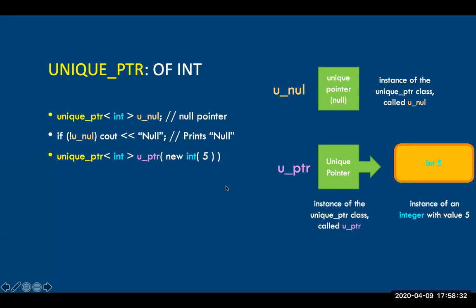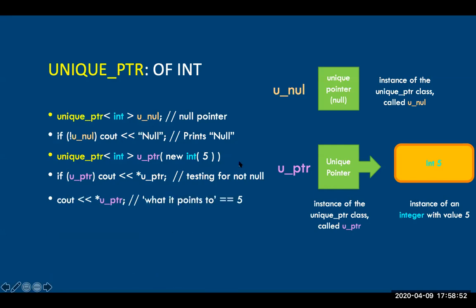But the unique pointer is going to do everything it can to prevent you from copying that thing around, right? So we can say, hey, if it's not null, then go ahead and print out what it points to. So star uptr should print out 5, because that's what that pointer is pointing to, okay?